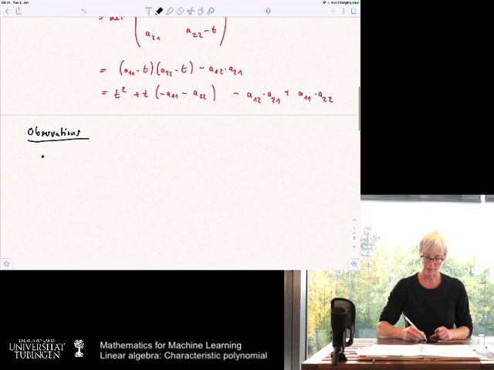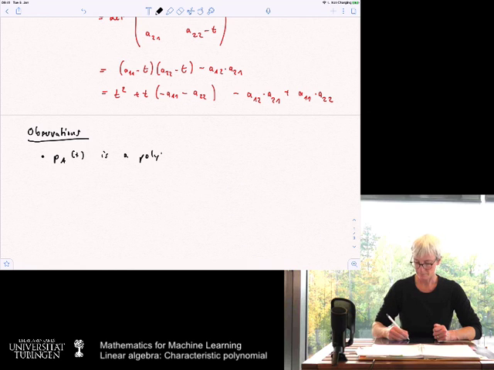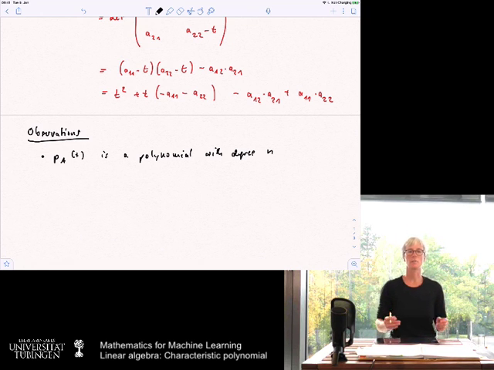So the first observation we have made: PA of t is a polynomial with degree n. So if we start with an n times n matrix, the polynomial has degree n.